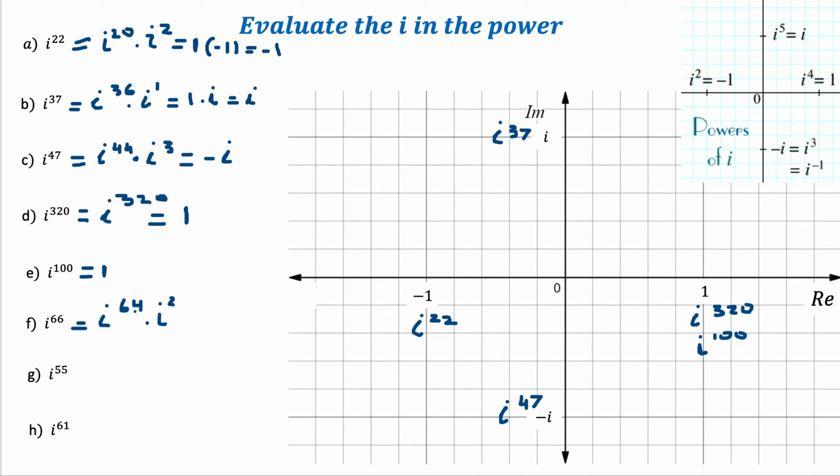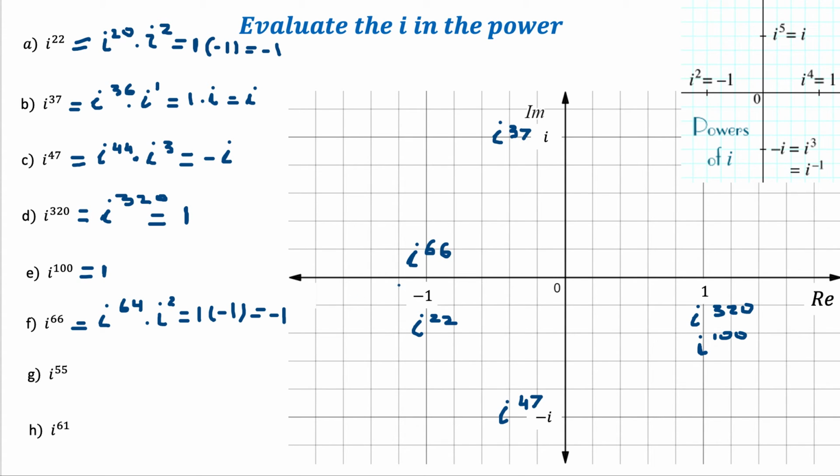So now this is 1, so let me write here 1. But i squared is minus 1, so we can write here minus 1. 1 times minus 1 is minus 1. So it's a real number, equal to minus 1. It is located here, i to the exponent 66.